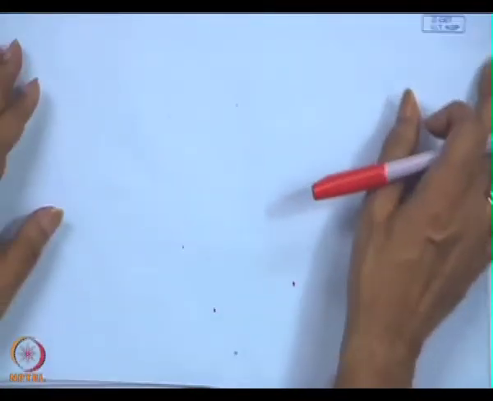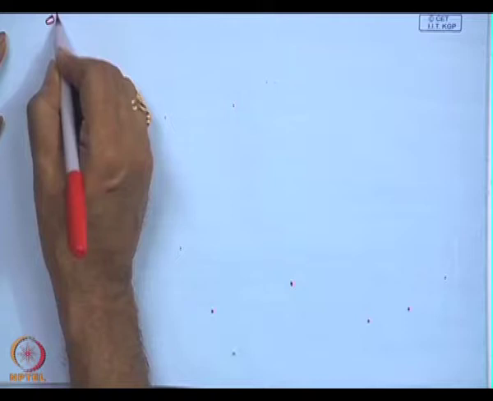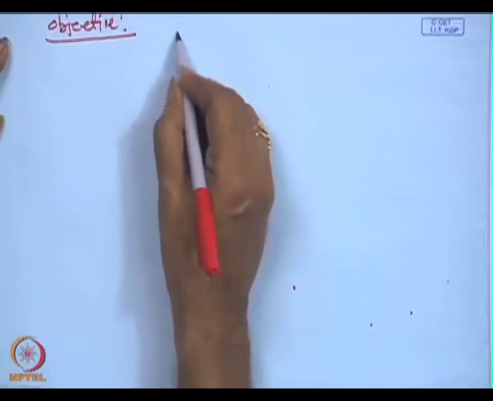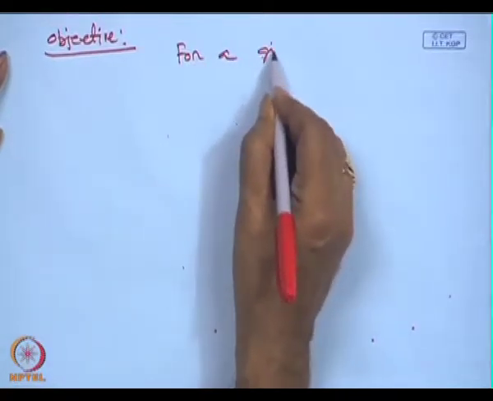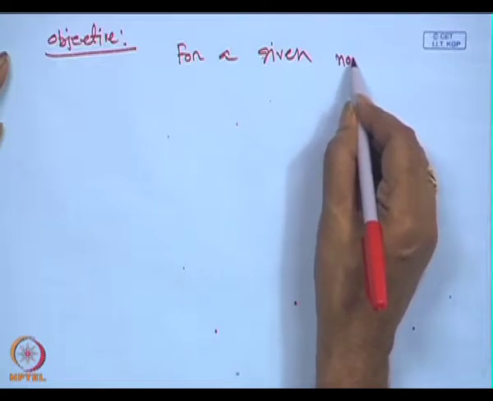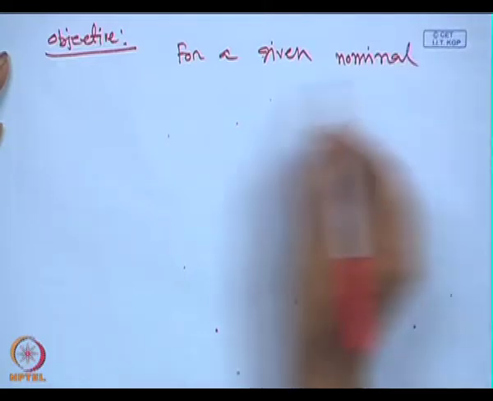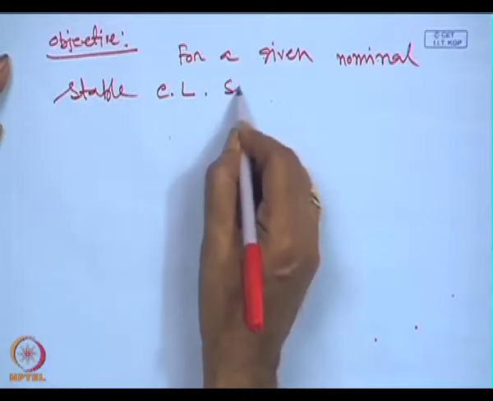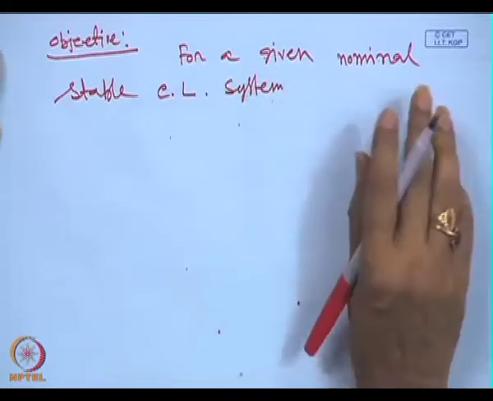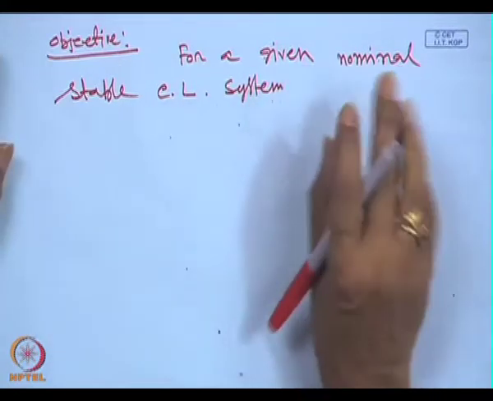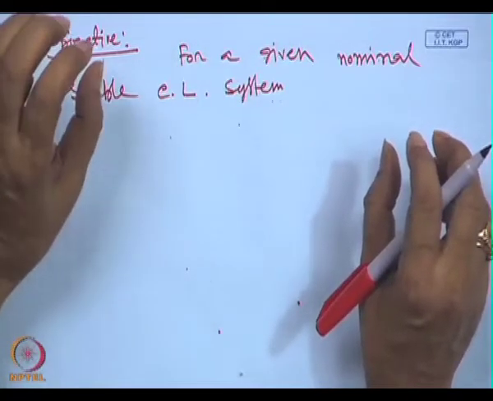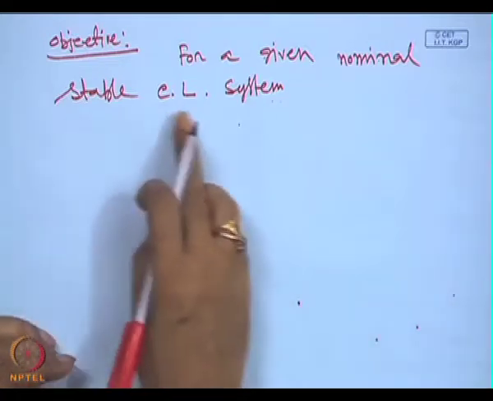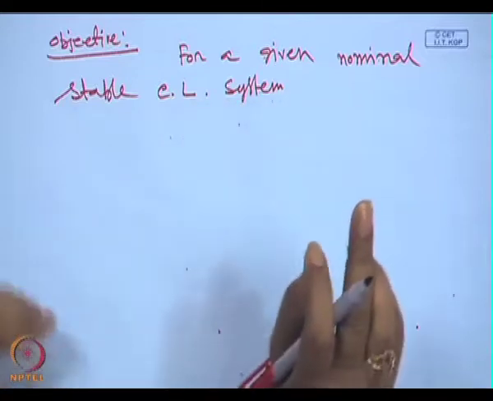So, our objective is mainly for a given nominal stable closed loop system. This means that for a given nominal plant, we have designed the controller based on the nominal plant, and if it is stable, then we call it a nominal stable closed loop system.